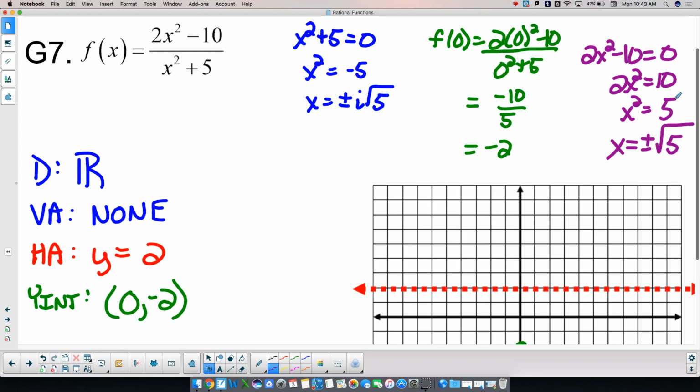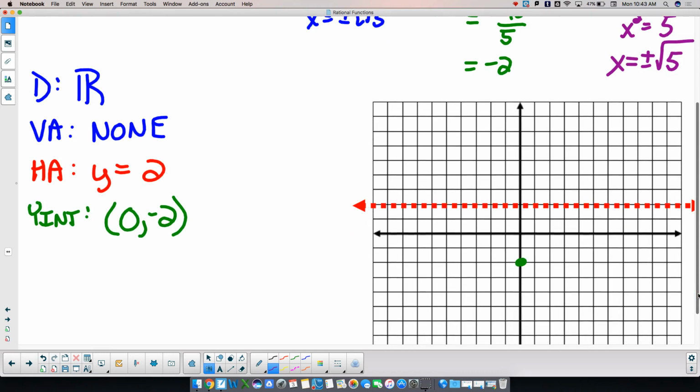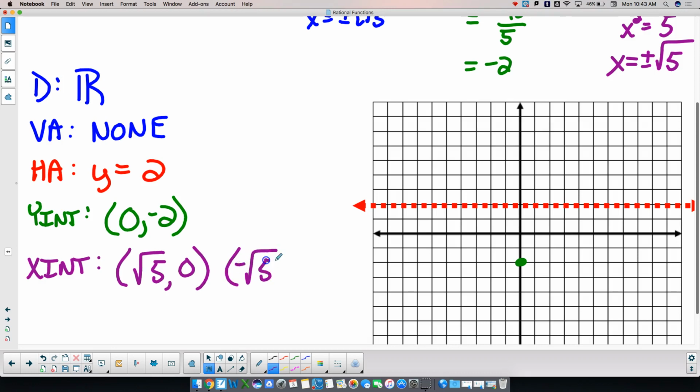Agree with plus and minus the square root of 5 if I solve the numerator or set the numerator equal to 0, which gives me then 2 x-intercepts, one at the square root of 5, 0, and the other at negative square root of 5, 0. Square root of 5 is just a little bit bigger than 2. So that's kind of in there, and then a little bit smaller than -2, kind of in there. Okay.